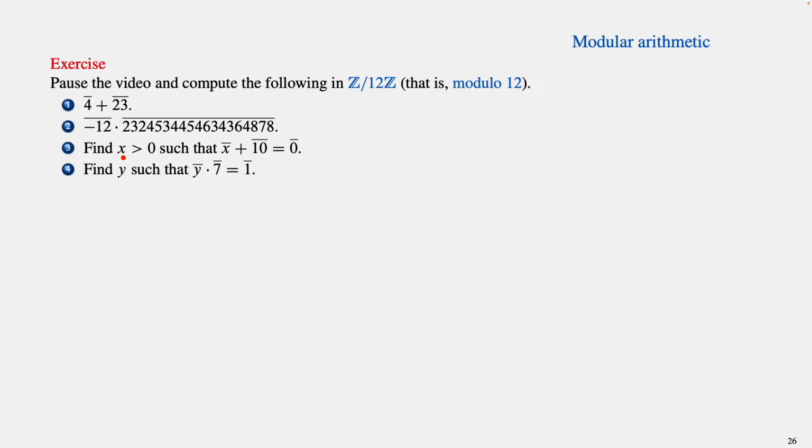Find a positive integer x such that x bar plus 10 bar equals 0 bar. And find some integer y such that y bar times 7 bar equals 1 bar. This may take a bit longer, so be sure to rewind the video to clarify things if necessary.